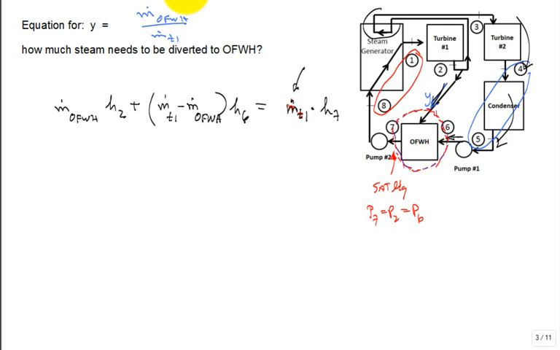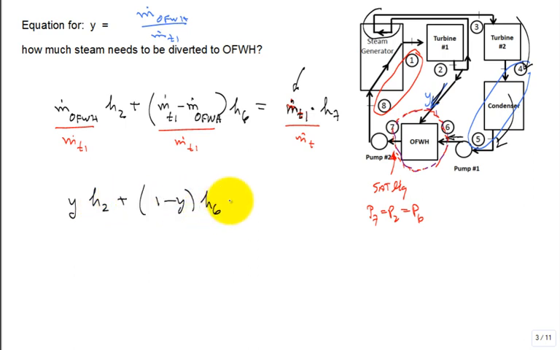So what we do with this equation is we divide the whole equation by m dot T1, and then we recall that ratio is y times H2. This is 1 minus y times H6. This is 1 times H7, true?